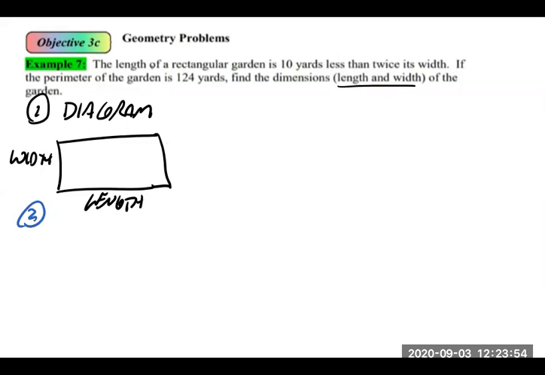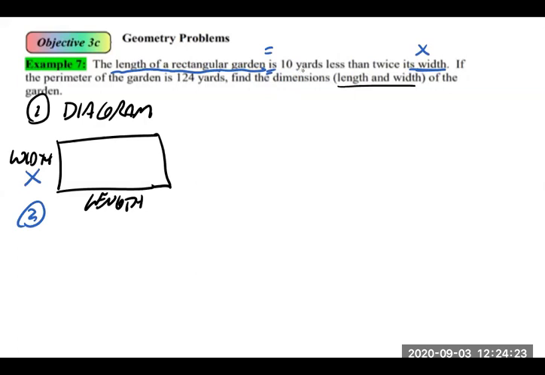You notice the first sentence says the length of a rectangular garden is 10 yards less than twice its width. So the length is directly related to the width, right? If we let x equal the width, then how do we define the length?